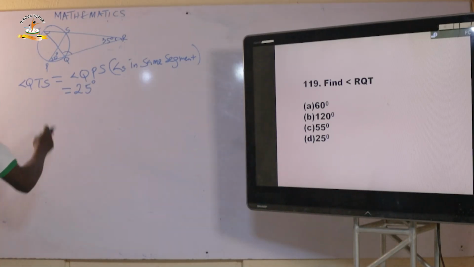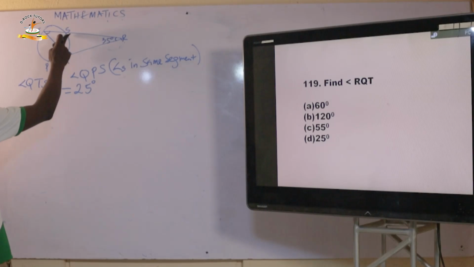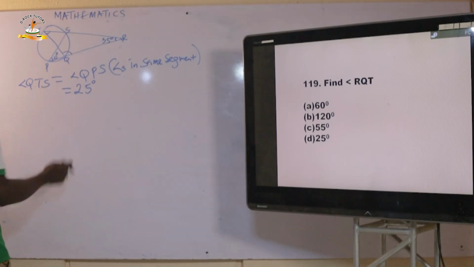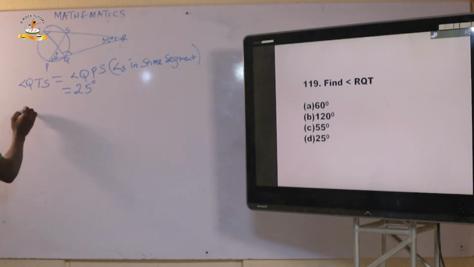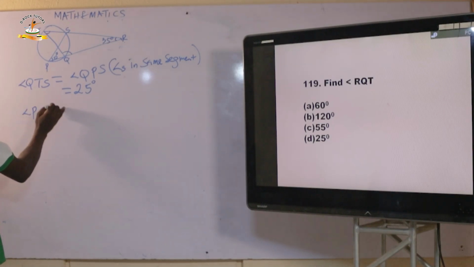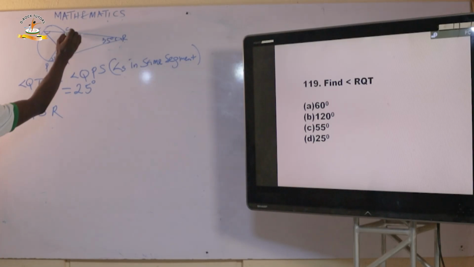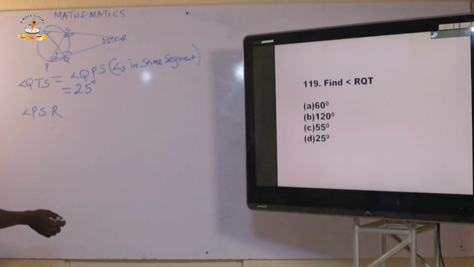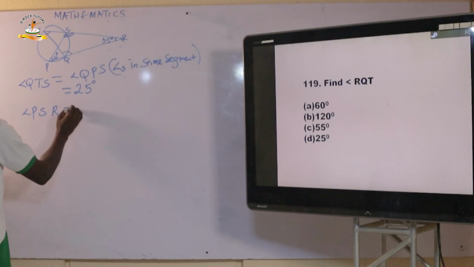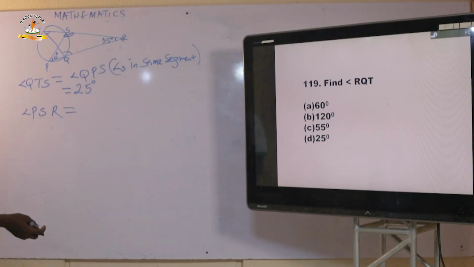Now that I've gotten QTS to be 25 degrees, that is still not all. I need to find another angle, angle PSR, this angle here. How do I find it? It's very simple, because angles in a triangle add up to 180 degrees.